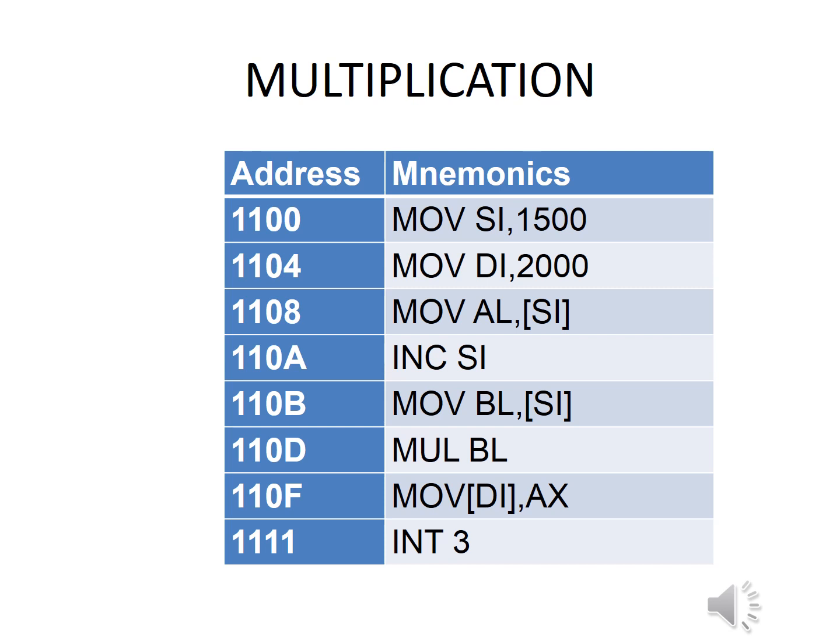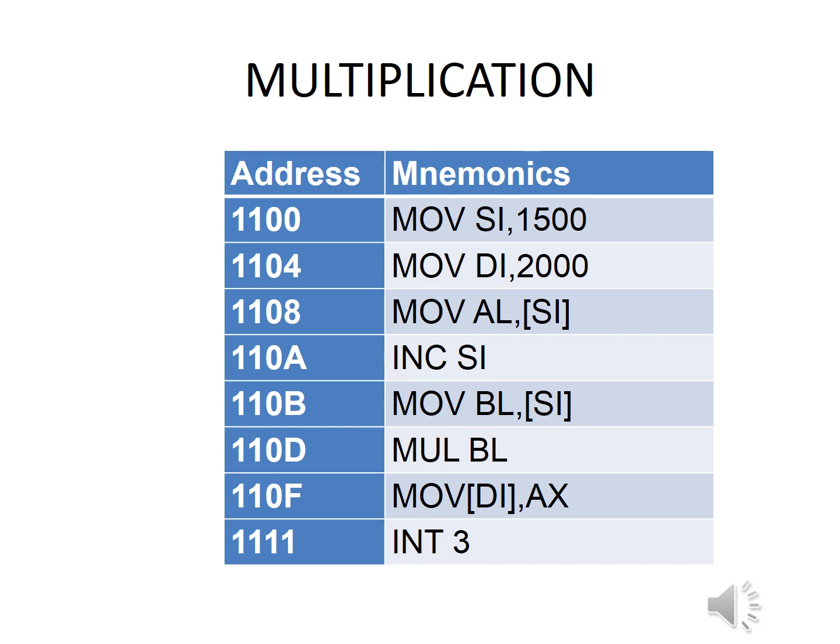In the source register, we take multiplicand and then we have to increment the source register content. So, we can get the multiplier content. Next, the source index content is transferred to the BL register. So for the multiplication, the multiplier is transferred to the BL register.